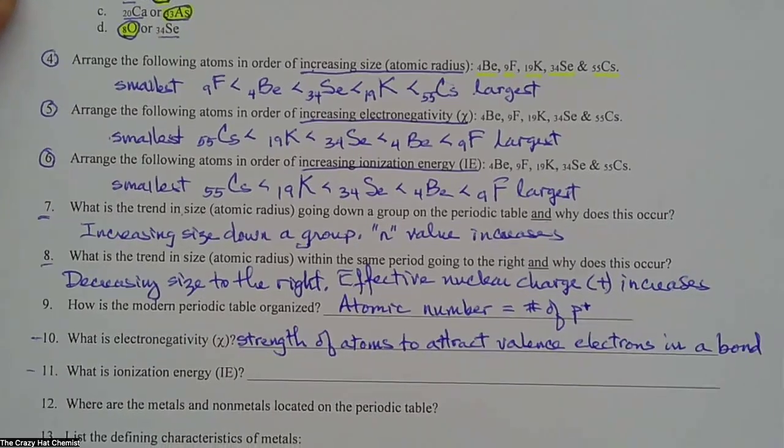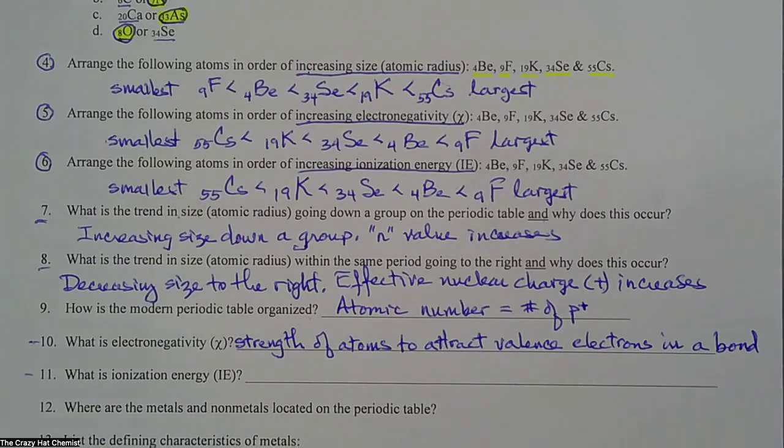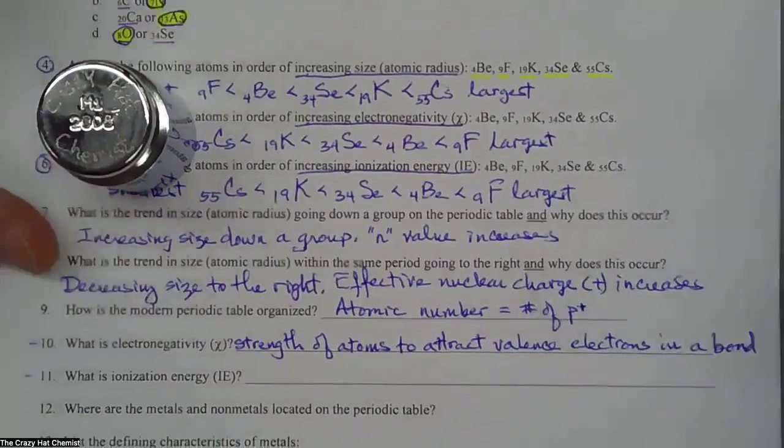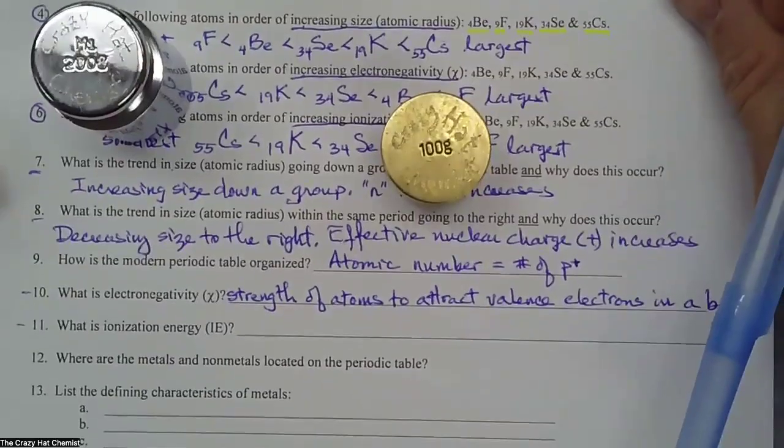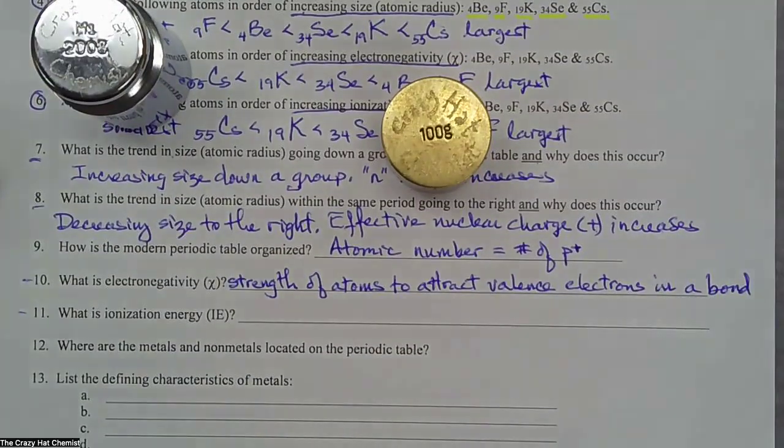Again, this is a very simple primary definition, but regardless, that little simple definition works quite well. It's the strength of atoms to attract valence electrons in a bond.